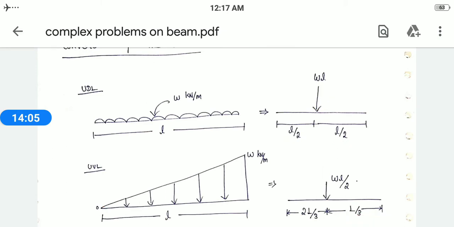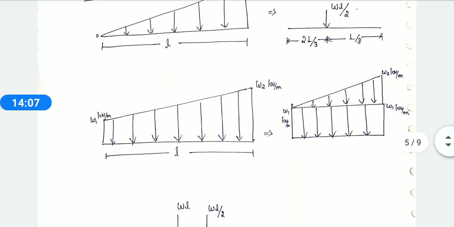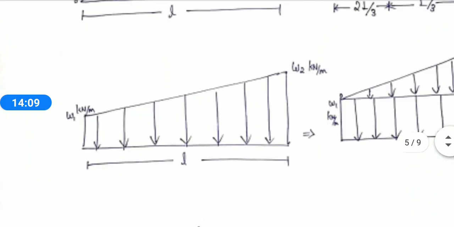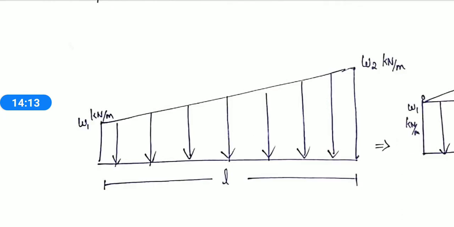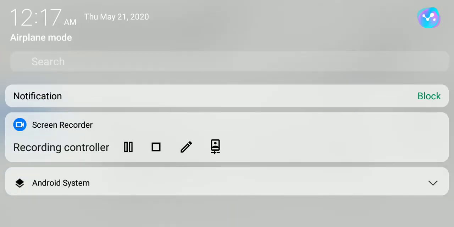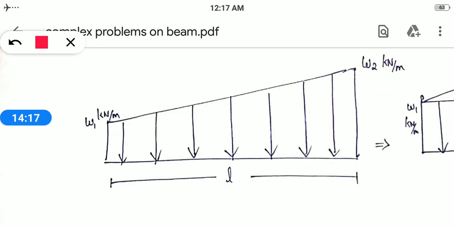Now consider one complex thing, when you have this type of load. See, this is your load, where it is a varying load, but it has a starting load of W1 and an ending load of W2. What is the formula to resolve this?